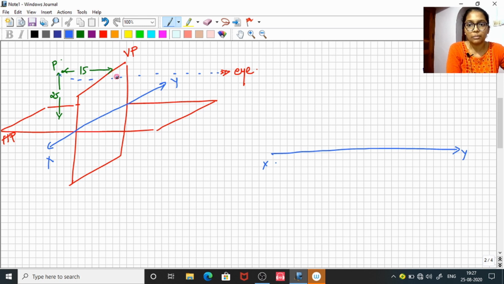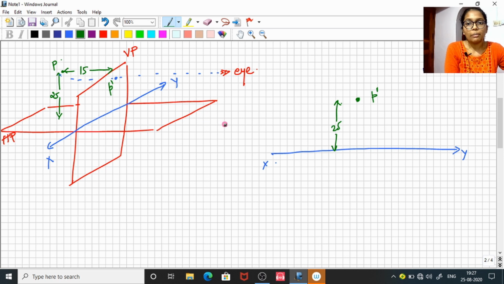And the point where this line of sight hits VP, we call it as front view. Okay, so let this point be P dash, because for front view we have to name as P dash, and we can say that this P dash is placed 25 mm above XY. Okay, so you should measure 25 mm and you should place the point P dash.